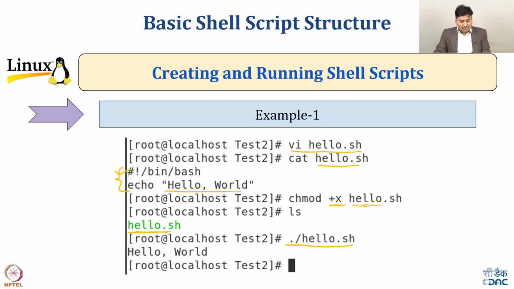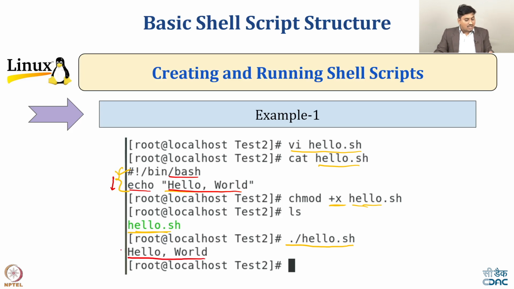When you run this particular file, the commands which have been written start getting executed one by one. This very first command tells the interpreter that I want to use bash. Then it runs the echo command and prints whatever content is within the double quotes on the terminal.